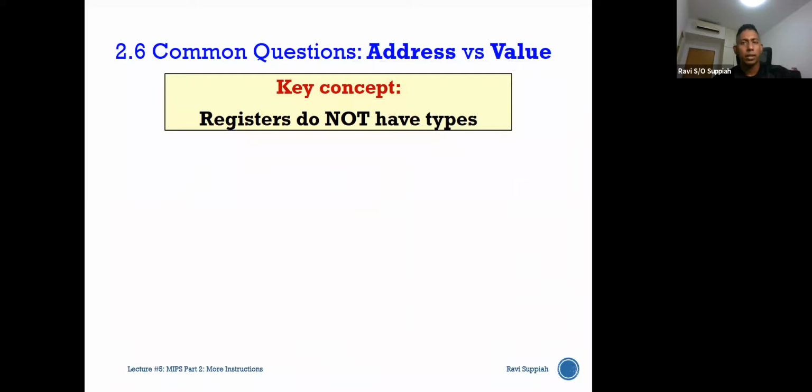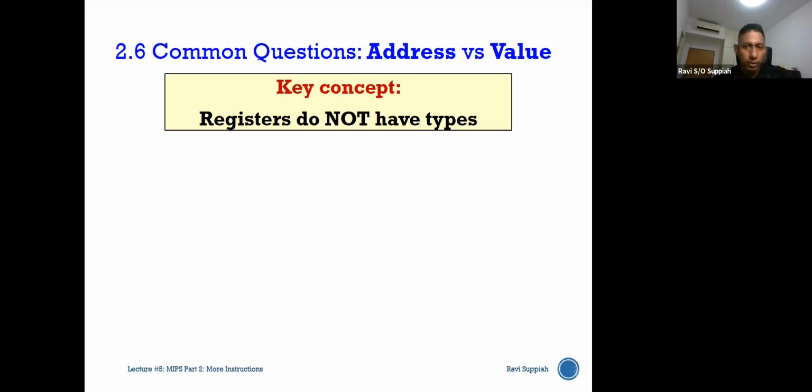Okay, so let's look at a very important concept between address versus value. One of the important things to understand is registers do not have types. So when we say there is this register that is holding information for us, this information could be anything.